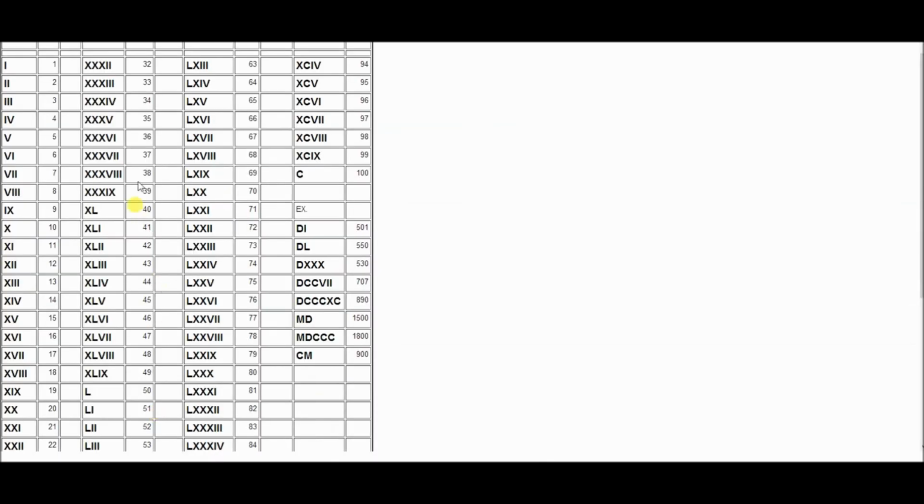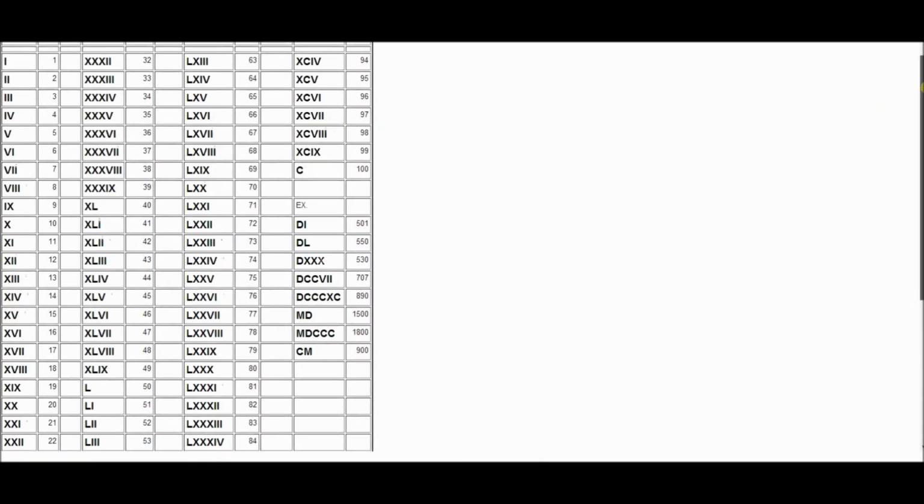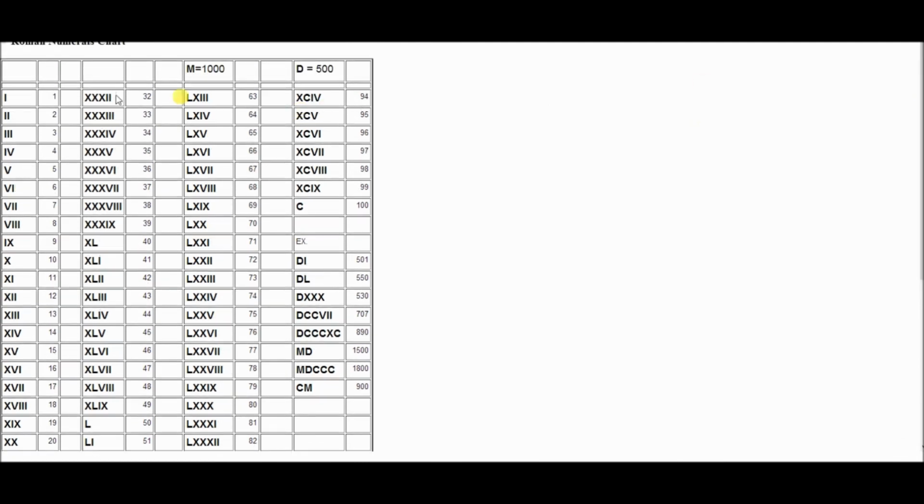A quick chart here to review all of this. We have our Roman numeral chart: 1, 2, 3, 4, 5, and it goes all the way down to 20, and it shows us many of the other symbols we're going to be needing. This chart, the link for it is on the website for our class, and you can go and check out a video also on Roman numerals.